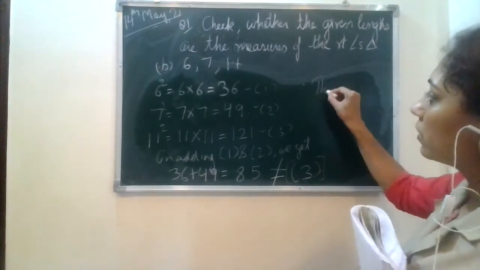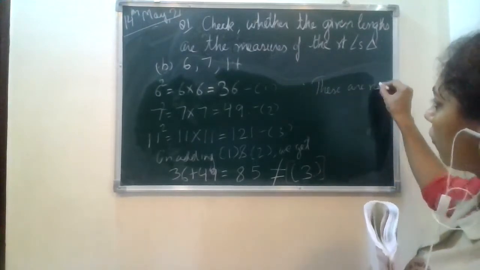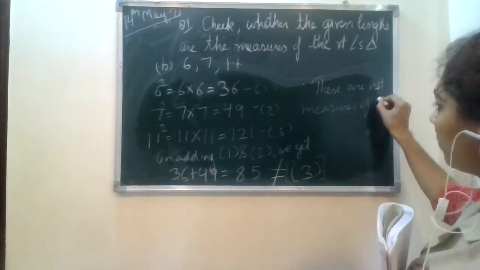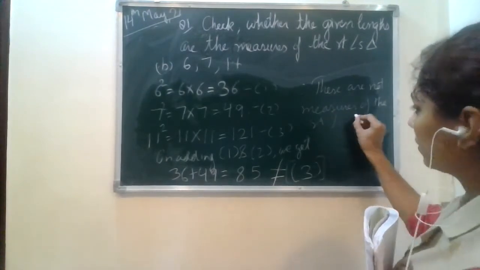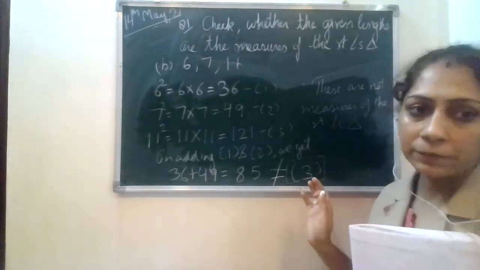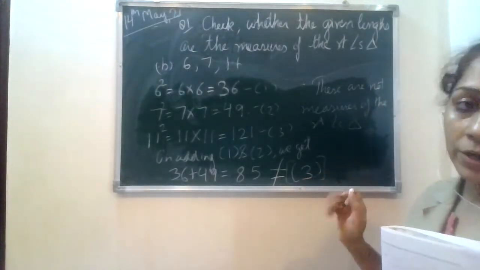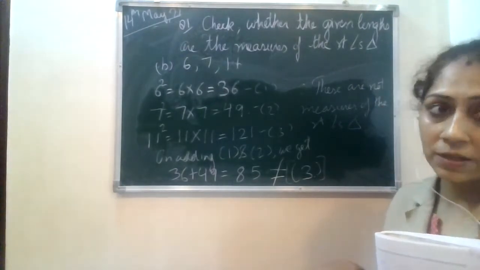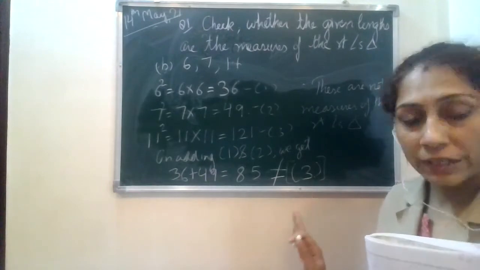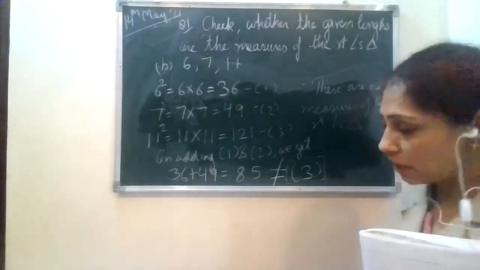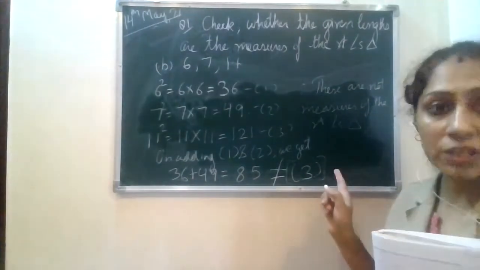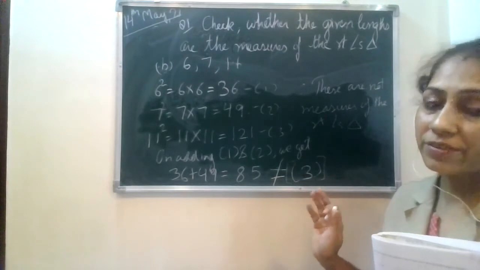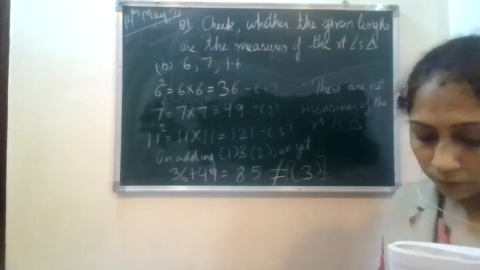Therefore, these are not the measures of the right angle triangle. It can be the measure of any other, but not of a right angle triangle. For a right angle triangle, you have to see the relationship and maintain the property. If it is complying with it, then these are the sides. I hope with the help of these two parts you're clear how to establish whether it is a right angle triangle or not.